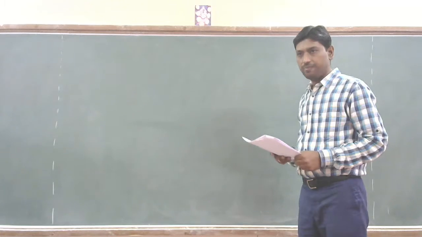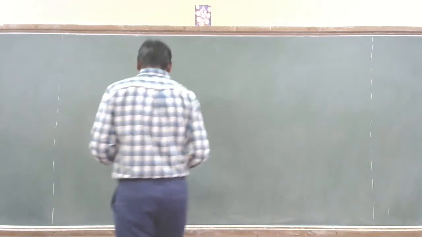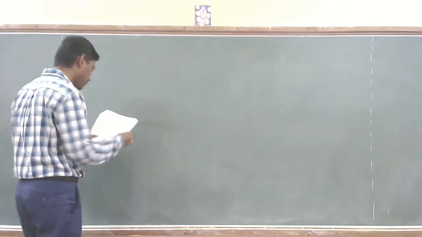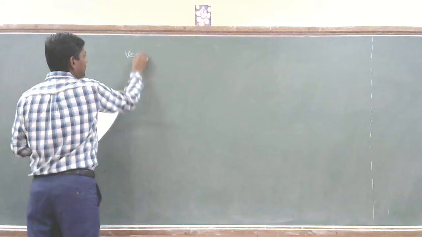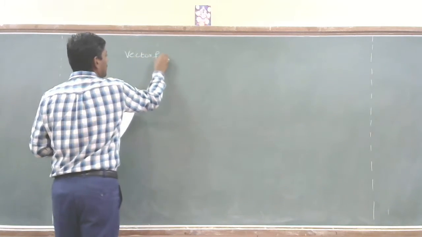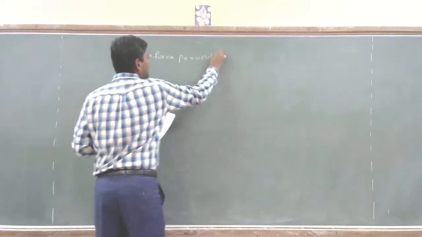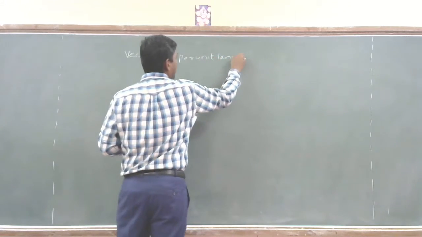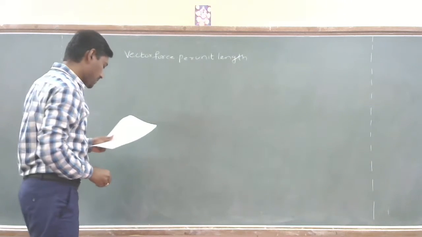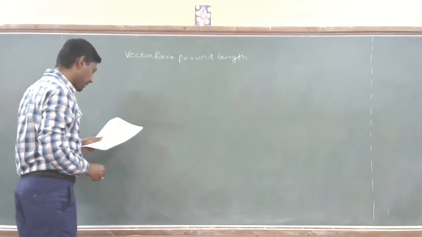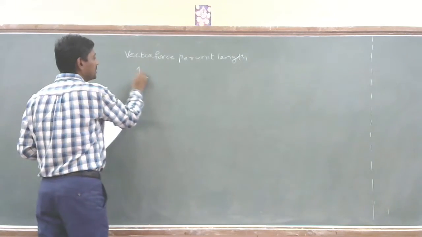So example number 5: find the vector force per unit length on two long straight parallel conductors if each carries a current of 10 ampere.